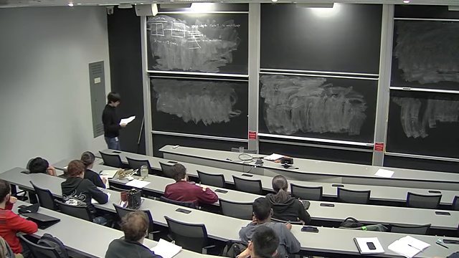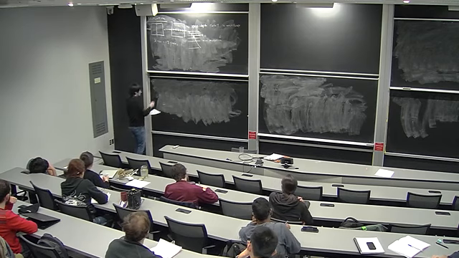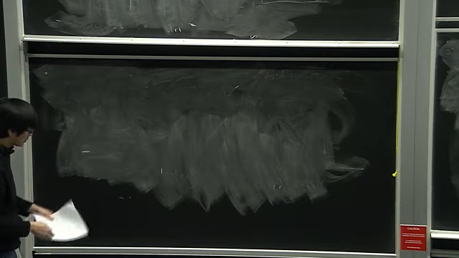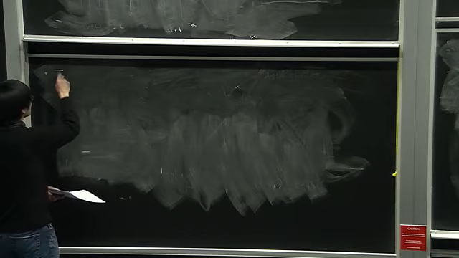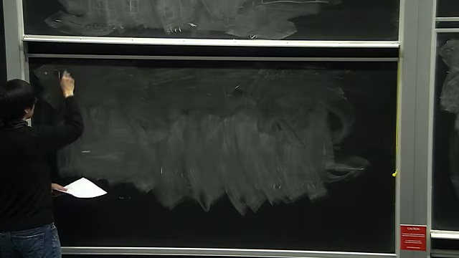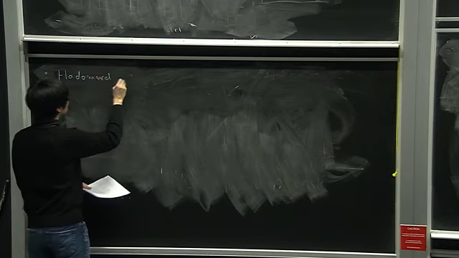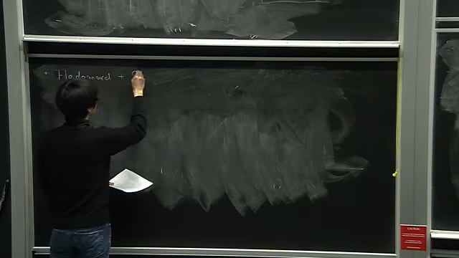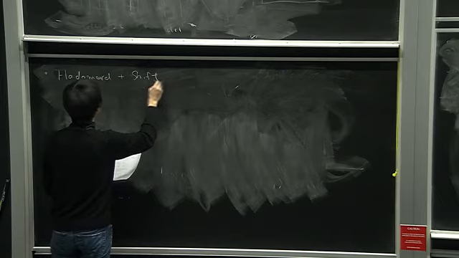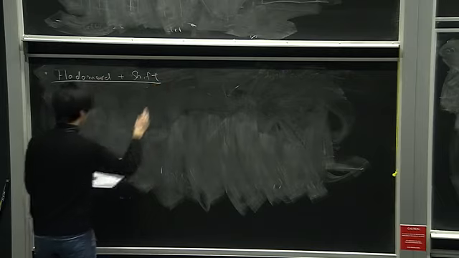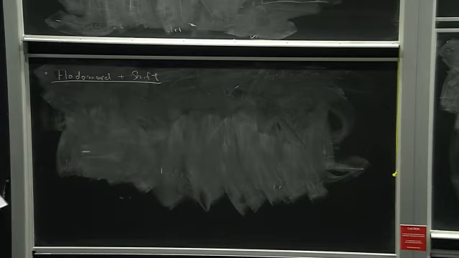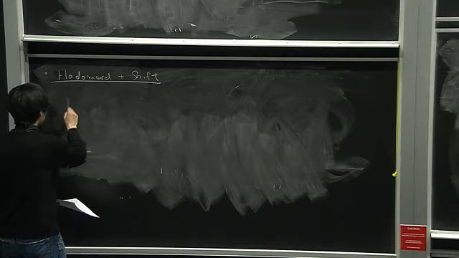But before talking about the topological color code, let me mention that there is one interesting gate you can implement in the toric code, which is called the Hadamard shift. This discussion is slightly a detour, but I think it's still interesting.